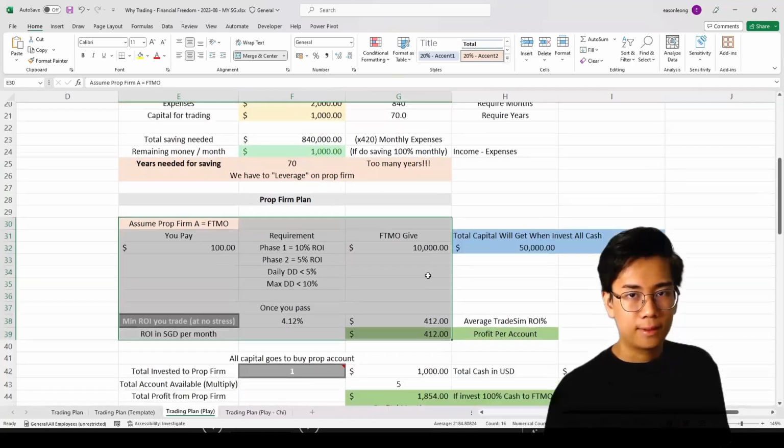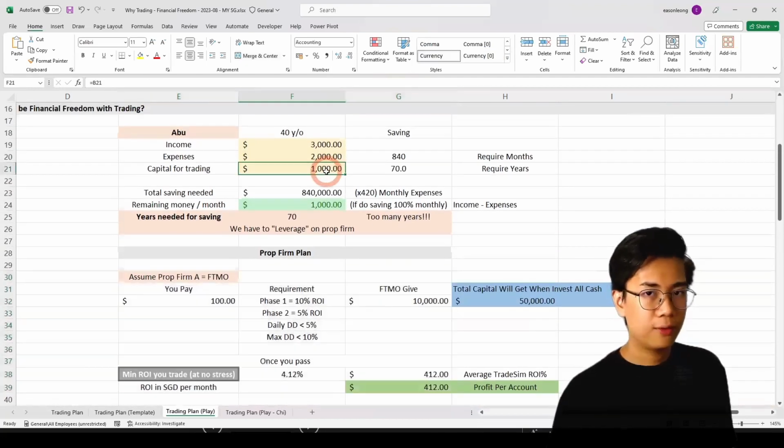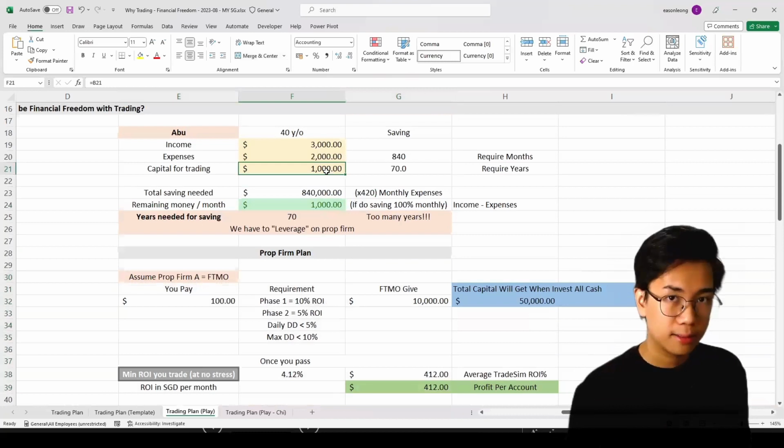Now, the condition is like this. You only have $1,000 in your pocket, correct?